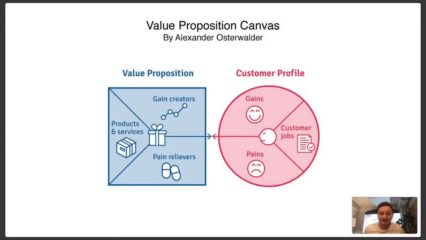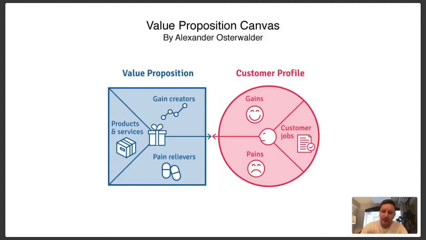So when you're creating a value proposition for your product, you should understand whether you have any pain relievers. As far as you understand, your customers have some pains, and you should understand whether you create a product that really will solve this problem.